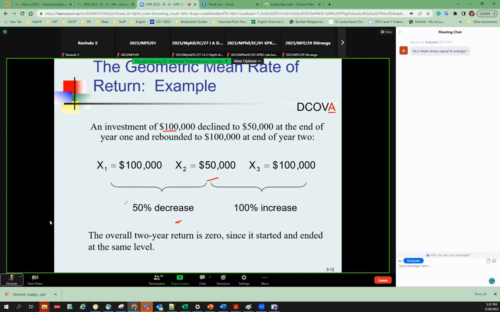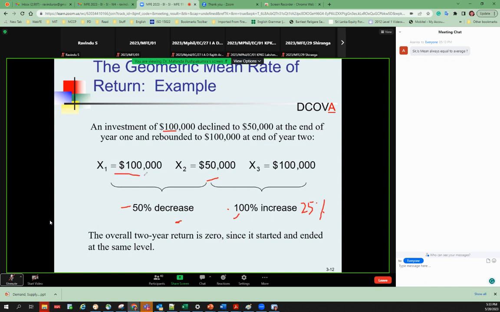Then the return in the first period is minus 50%. Then the next period is 100%. Then if you calculate average return, it is 25%, because minus 50 plus 100 divided by 2 is 25%.